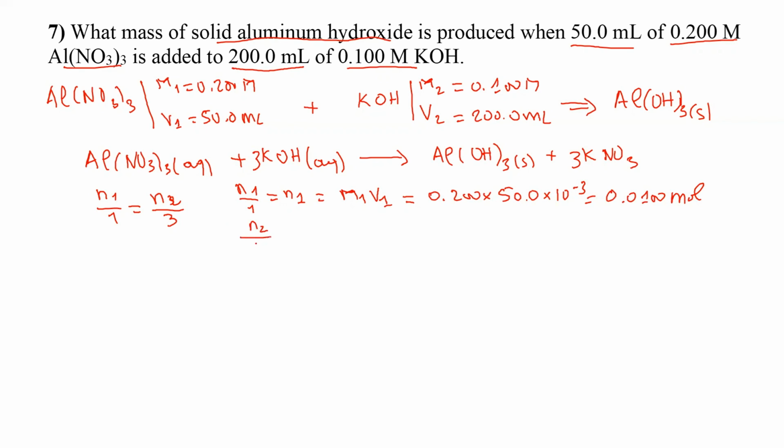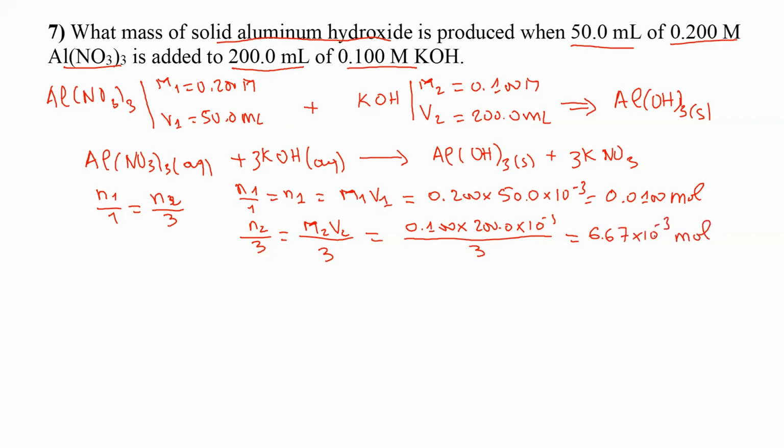N2 divided by 3 will be equal to M2 V2, number of mole, divided by 3. So this is equal to 0.100 times 200.0 times 10 to the power minus 3 divided by 3. This is equal to 6.67 times 10 to the power minus 3 mole. We see that this one is smaller than N1 divided by 1.